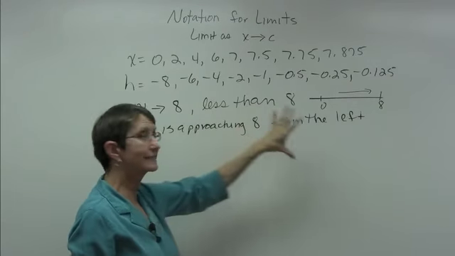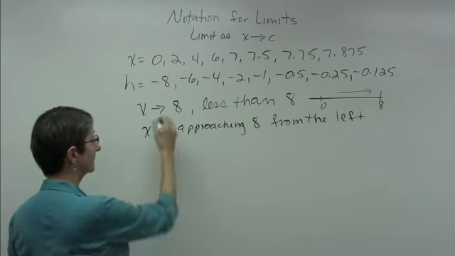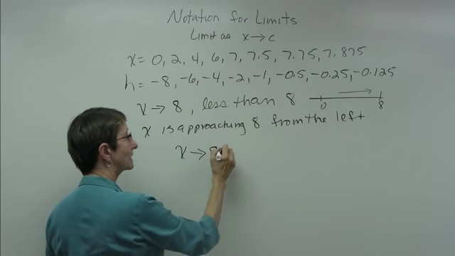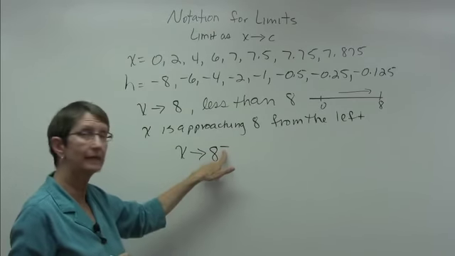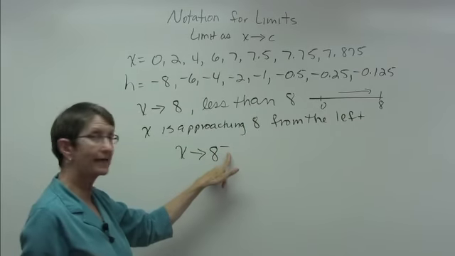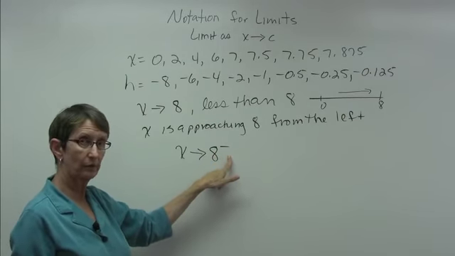So that's the way this is set up, and I can actually write this in a shorter form. x is approaching 8 on the left. Now this is not a negative sign. That means from numbers that are less than 8 on the left side of 8. This is just the symbol that we use.